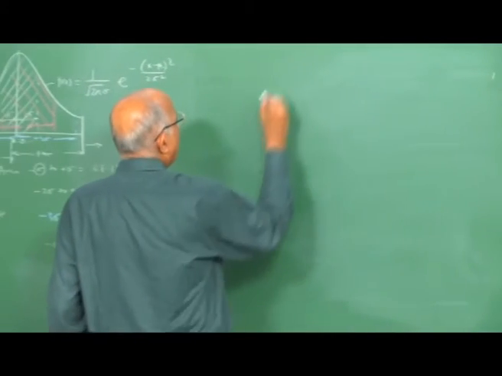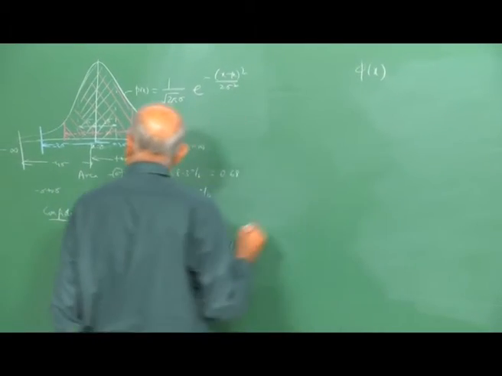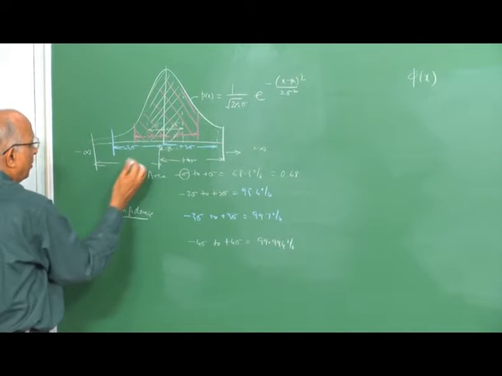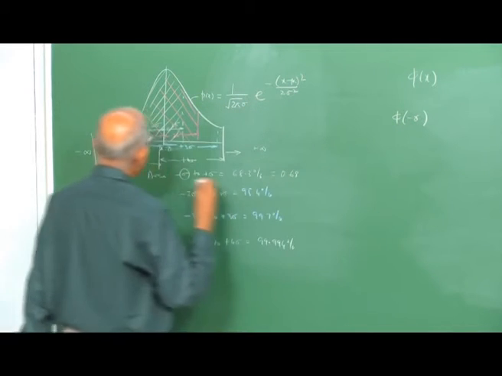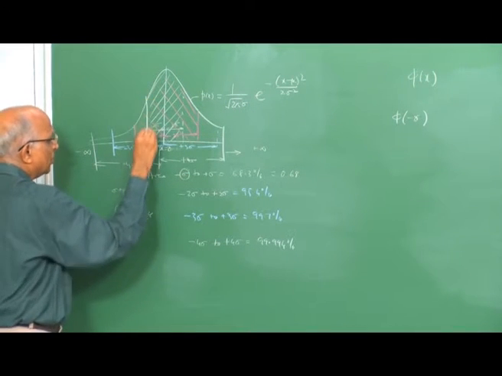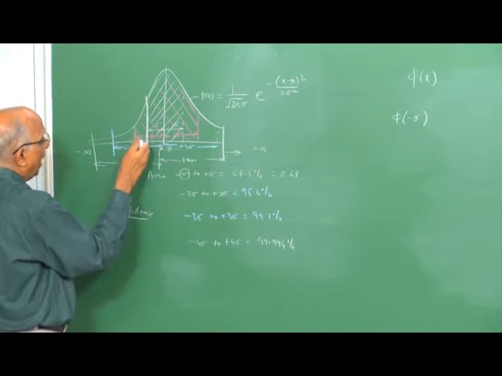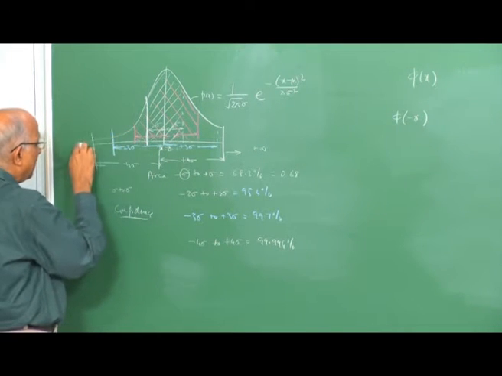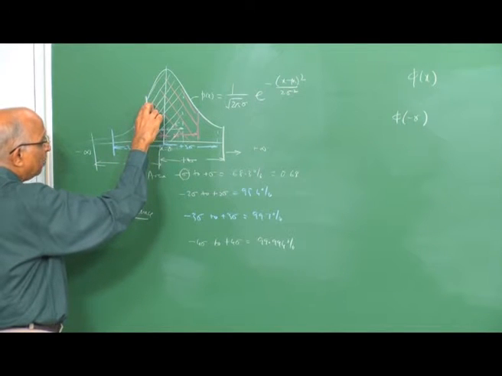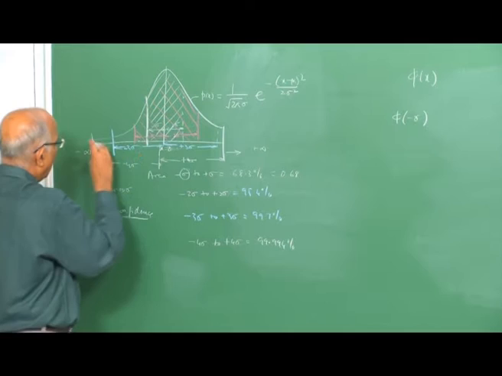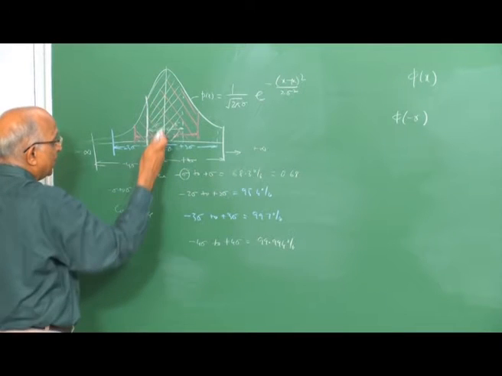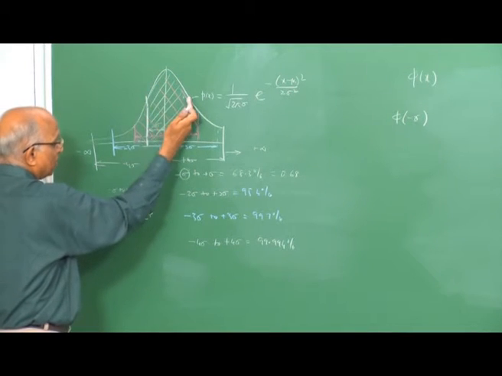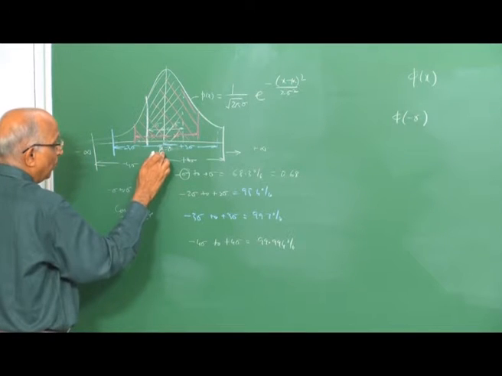Let us say I am interested in phi x. Phi x is up to any x. Now, I am interested in phi of, let us say, minus sigma, up to this particular point. That means I am interested in the area up to this particular place, and let us see what is the area of the cumulative distribution. The total area is 1. The area up to the center line is 0.5 because it is symmetrical. I considered the value of mu corresponding to x equal to 0.